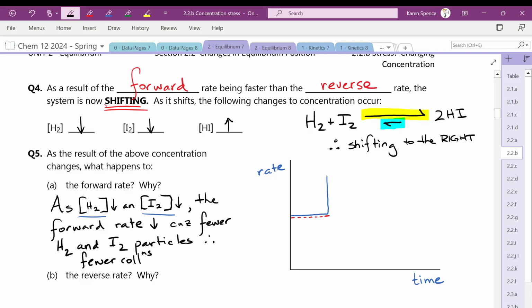So the forward rate is going to start to decrease. Is it going to start to decrease fast, or is it going to start to decrease slowly? It will start to decrease quickly, because remember, the rate of change is always quickest at first.